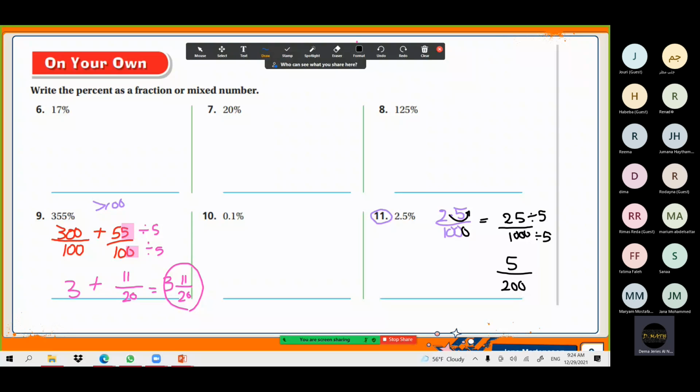After that I look and find that I can divide by 5 too. So 5 divided by 5 is 1. 200 divided by 5 is 40. So I can write 2.5% as 1 over 40. This is what we did yesterday: we write a percent as a fraction or as a mixed number. Do you have any question before I tell you how to write it as a decimal?